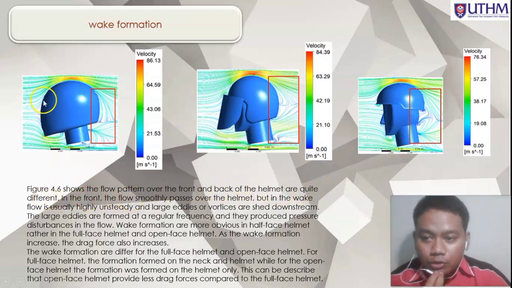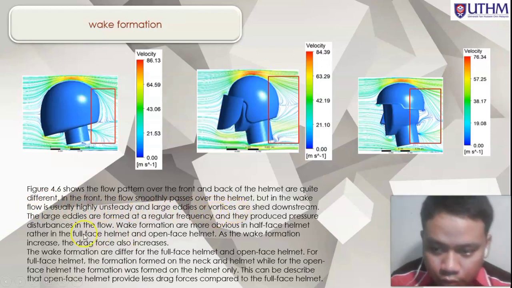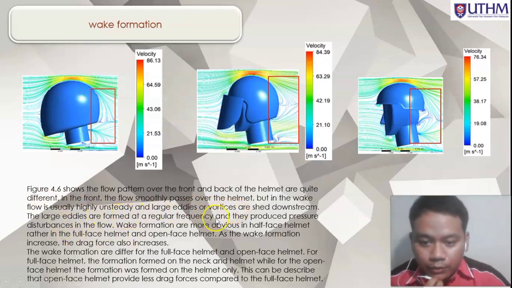In the front, the flow is smooth, which is laminar, but in the wake, flow is usually high, unsteady, and large eddies or vortices are shed downstream. The large eddies are formed at a regular frequency, and they produce pressure disturbance in the flow. Wake formation is more obvious in the half face helmet than in the full face helmet and open face helmet. As the wake formation increases, the drag force also increases.